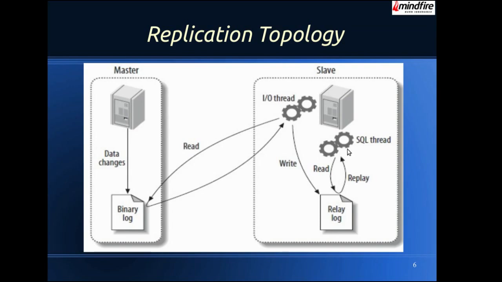The other thread, the SQL thread, reads all the relay log events written by the input output thread and executes them on the slave database. All these threads run asynchronously, so nobody is waiting for another to finish its task.